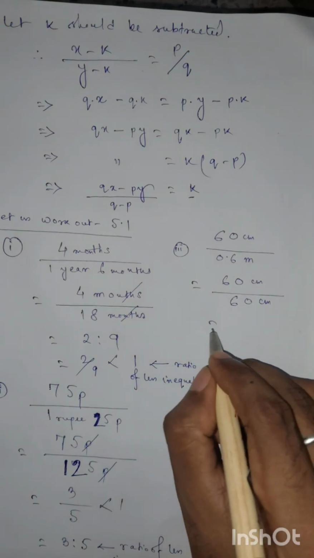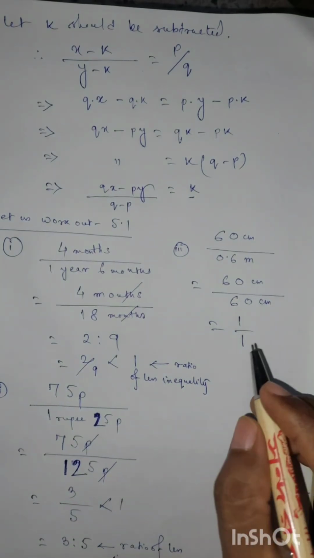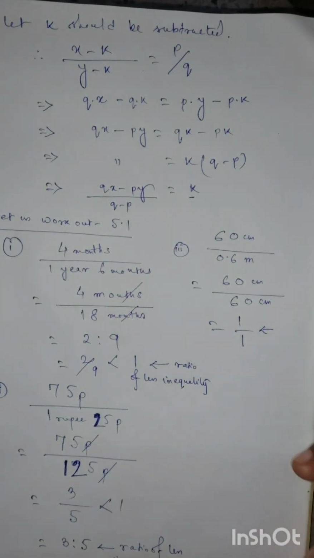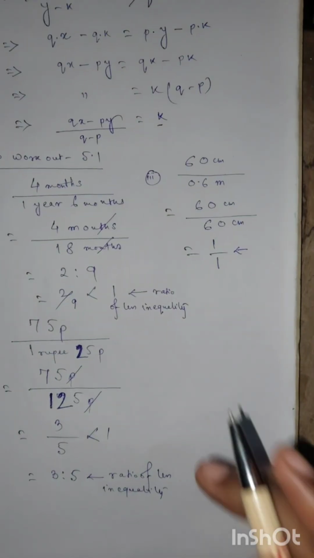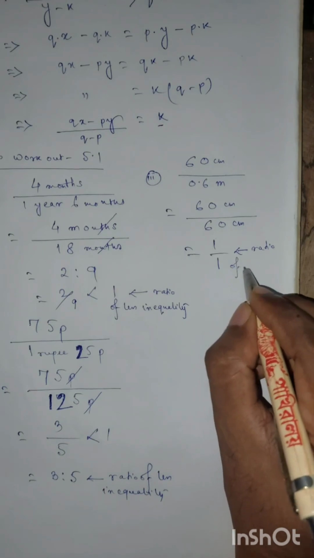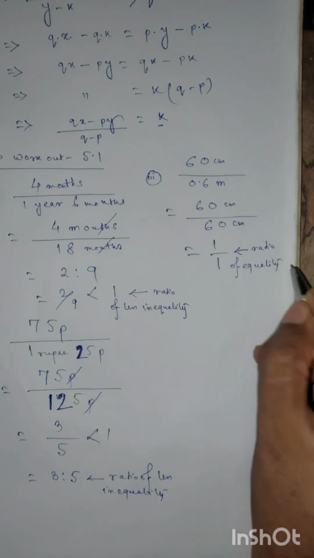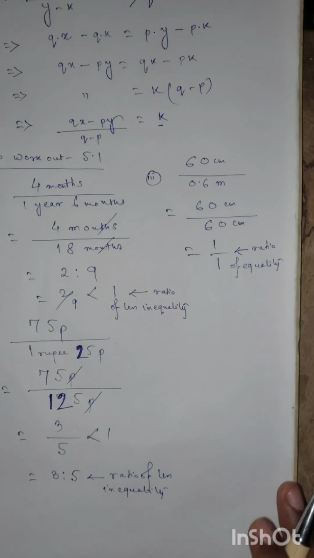So this is 1 by 1. Okay. So we can say this is now 4.